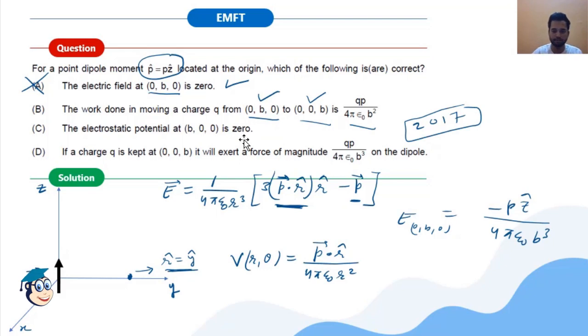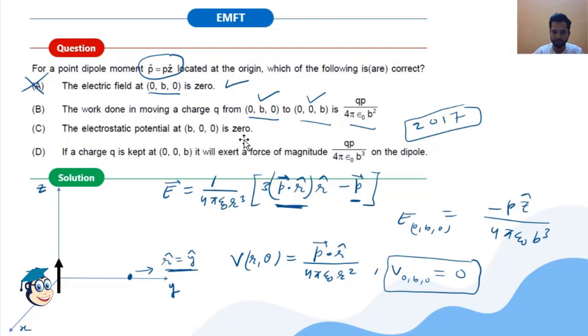V at 0 b 0 will become equal to 0 because P is in z direction and r cap for this point is y, so z dot y is 0.